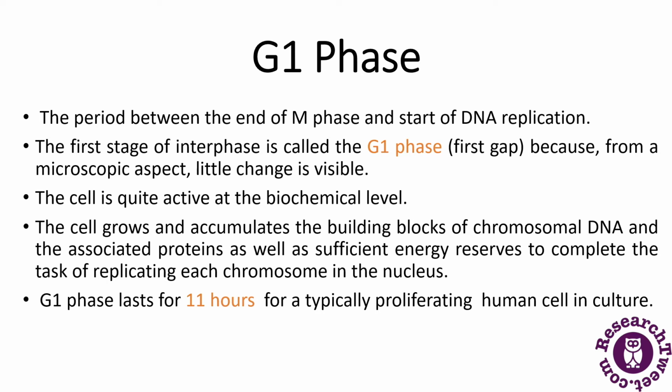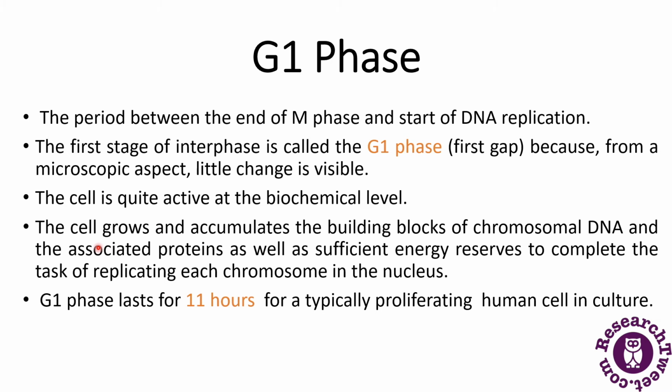It is called the G1 phase also because when we view it in a microscope, there is very little change which is visible in the G1 phase. So that is why it is the first phase. And the cells are quite active at the biochemical level. The cells are mostly biochemically active at this level.